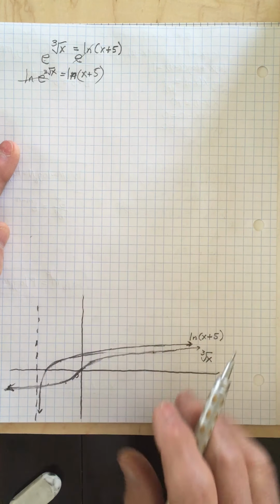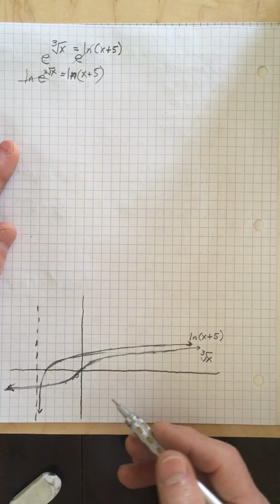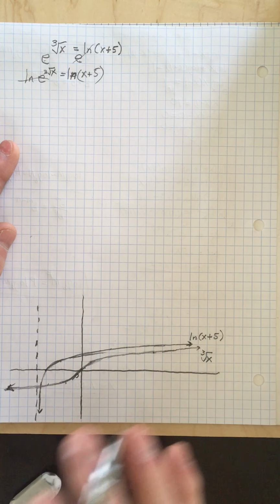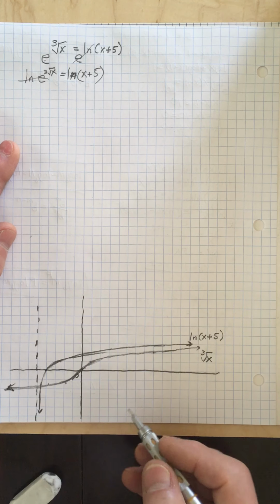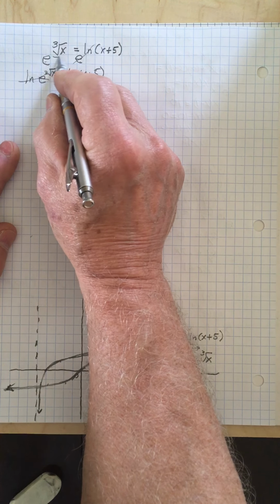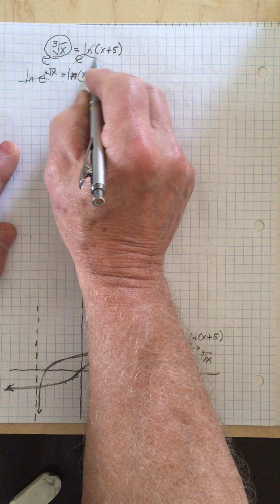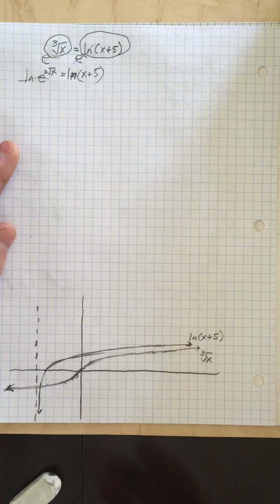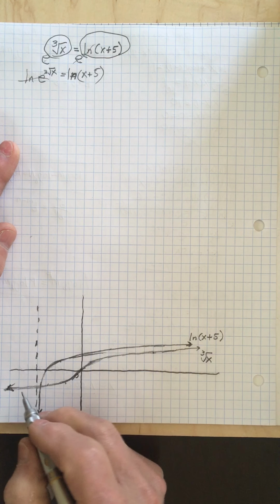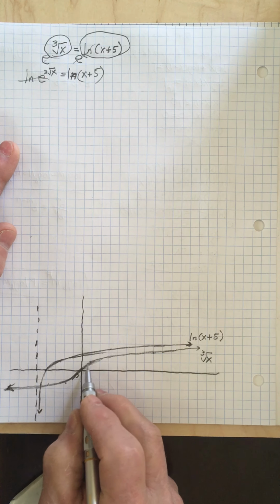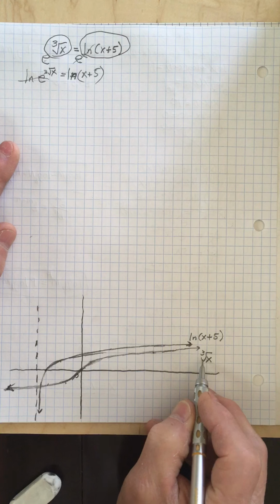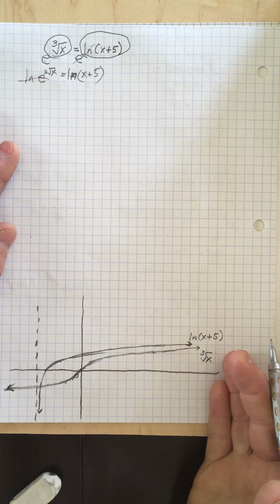And I'll show you why I say hoping. First, your graph has to be really accurate, because if this equals this, that means we got the same x value. Well, this is the graph here of cube root of x. That's right out of chapter 3.1.